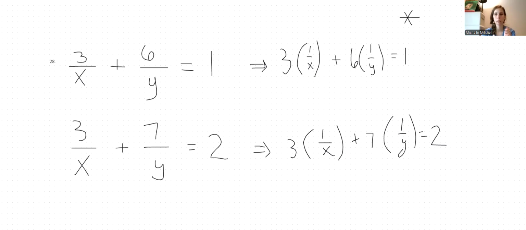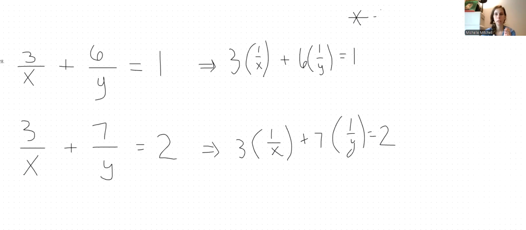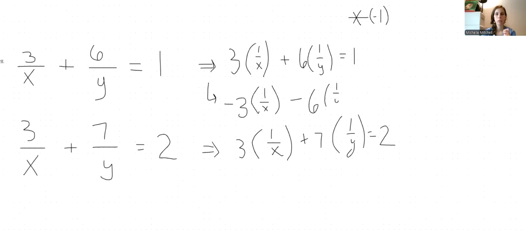I'm going to rewrite this equation as -3 times 1 over x minus 6 times 1 over y equals -1.